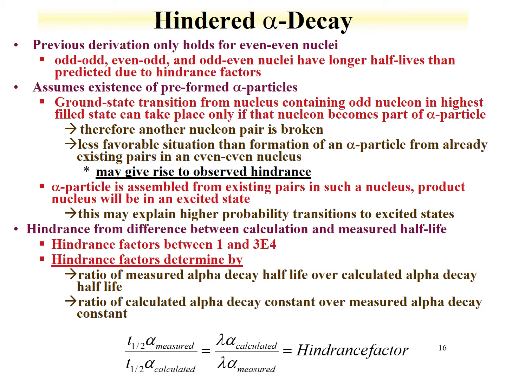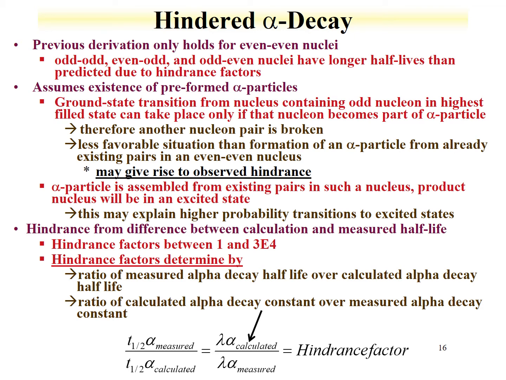Now, the hindrance factors have been evaluated, and they're generally between 1 and 3 times 10 to the 4th. There are 2 ways of evaluating the hindrance factors. They're listed here. One, we can make a ratio of the measured alpha decay half-life to the calculated alpha decay half-life. Or the converse of that is a ratio of calculated alpha decay constants over measured alpha decay constants.